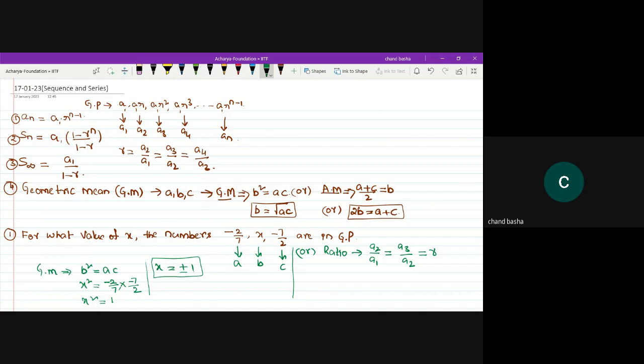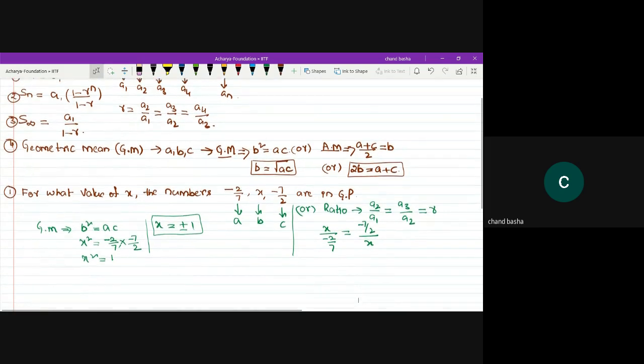So x divided by minus 2 divided by 7 is equal to minus 7 divided by 2 divided by x. We can apply cross multiplication. Then x square is equal to minus 2 divided by 7 into minus 7 divided by 2, which is equal to 1. So x square is equal to 1, which means x is equal to either 1 or minus 1.